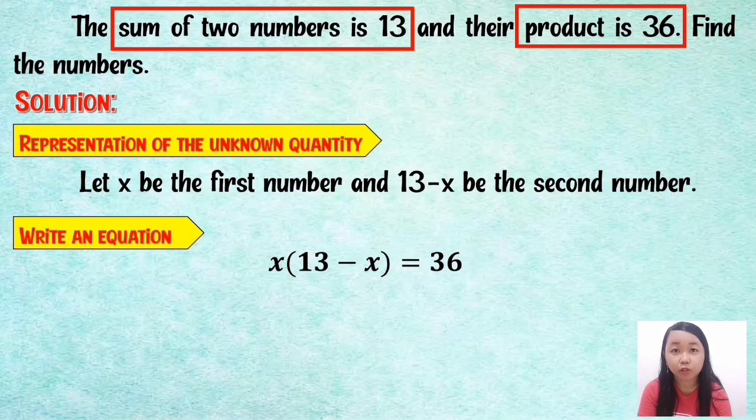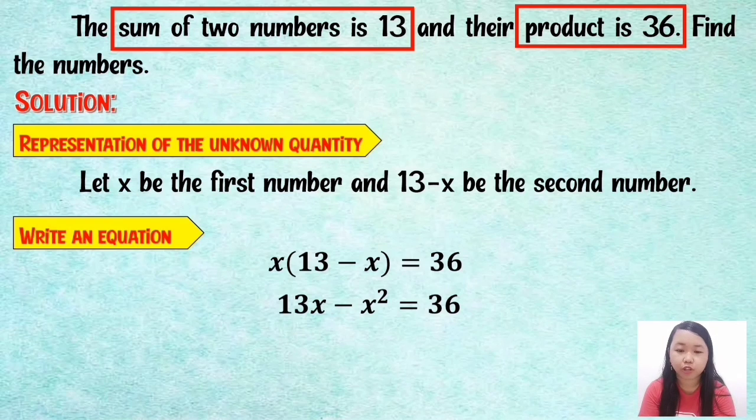And then we need to write it in standard form. Applying the distributive property will give us 13x minus x squared equals 36. So x times 13 is 13x, x times negative x is negative x squared, and then copy equals 36. And then write it in the form ax squared plus bx plus c is equal to 0.